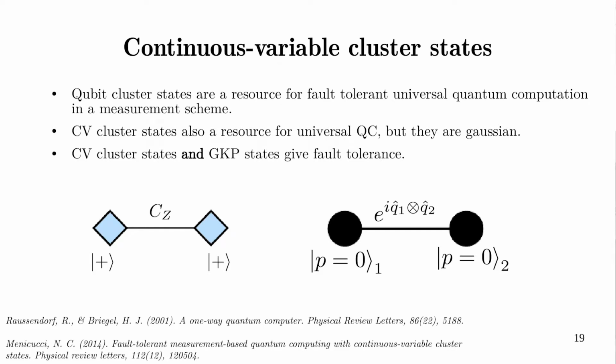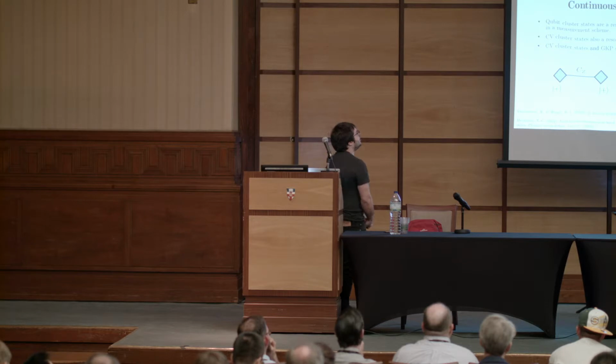Another very nice thing that this subsystem decomposition does for us is it gave us more insight on continuous variable cluster states, which is something we work on a lot. A DV cluster, discrete variable cluster state, is known to be a resource for fault-tolerant quantum computation.